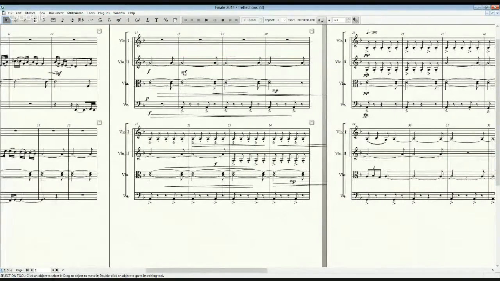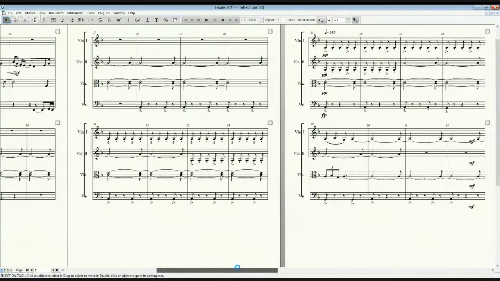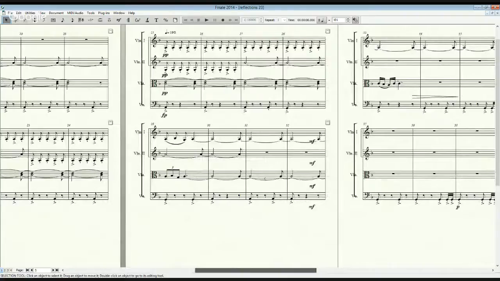All that straightening. This section still has to be edited. I think that's okay.